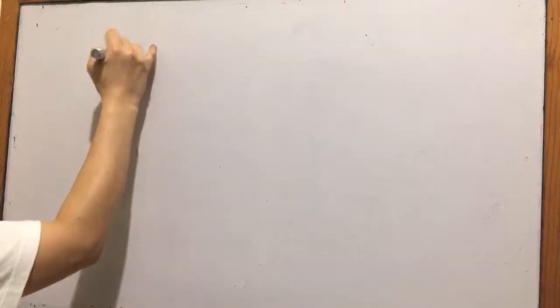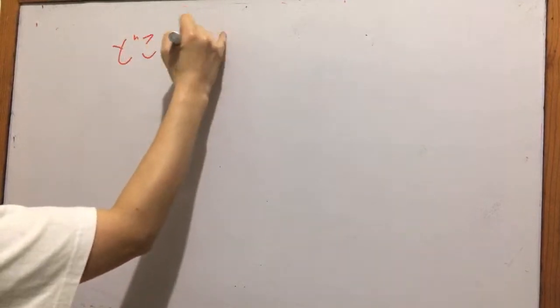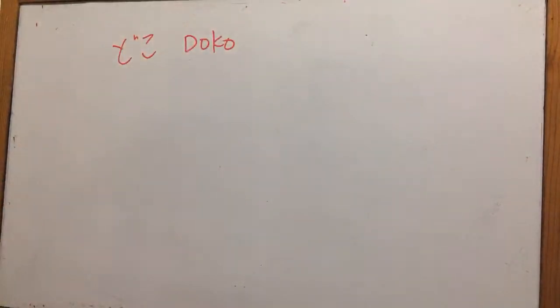And if we're asking about that sentence pattern, for example, we ask about noun 1. That's a place, right? So, we will use doko. Okay? We will use doko, if you're asking about the topic, if that's a place.